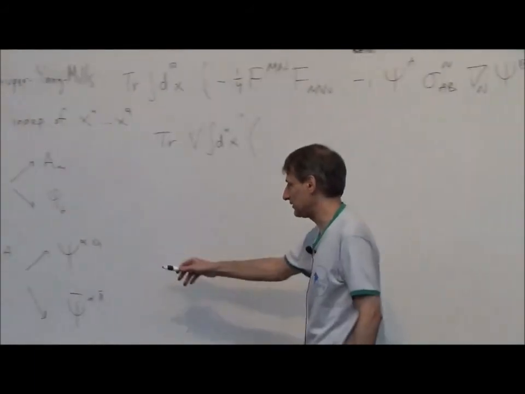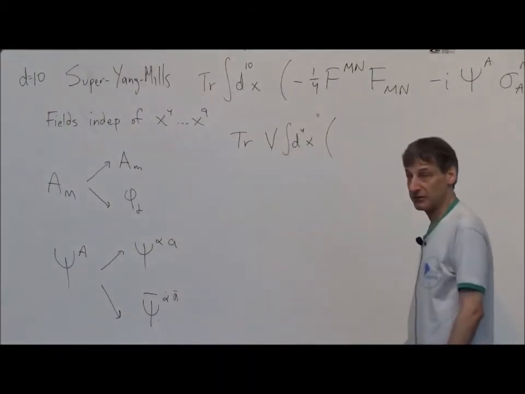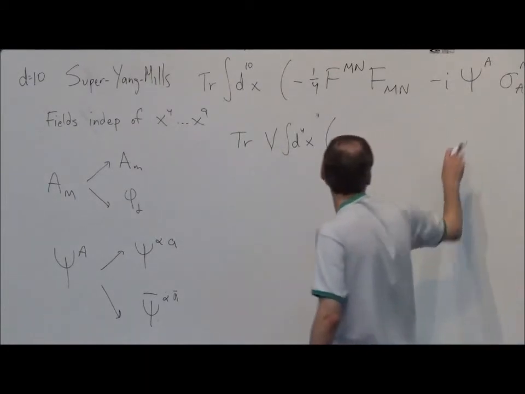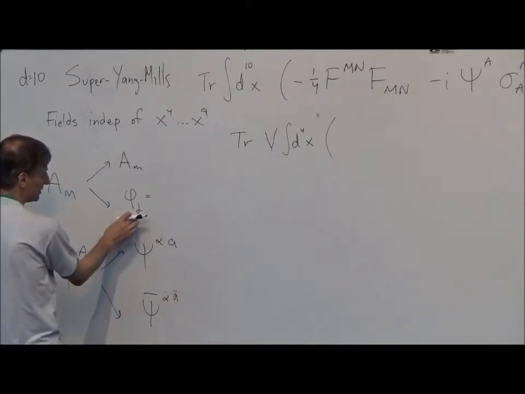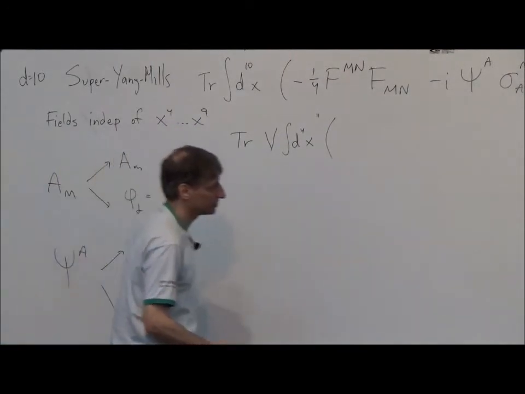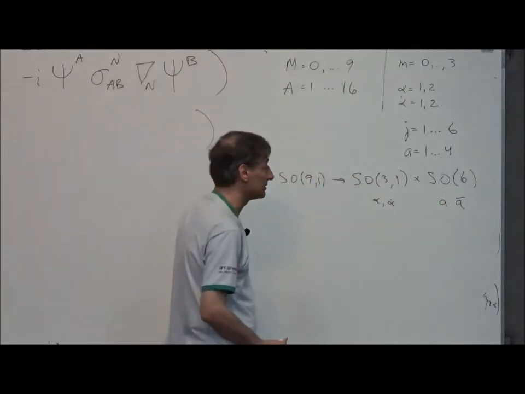So here are my 16 fermions. Here are my 10 bosons. And now I have to write the Lagrangian. It turns out this J index, which is a vector of SO(6), I can also express in terms of these A and A bar indices.